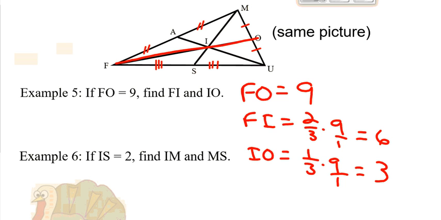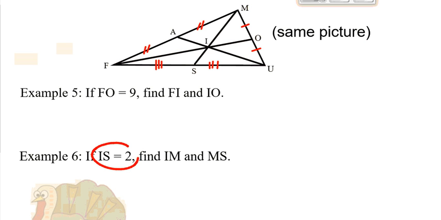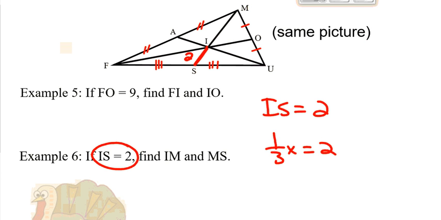If IS is 2, find IM and MS. If IS is 2, I know that is 1/3 of my total distance. So 1/3 of some number x is equal to 2. That's going to give me my whole distance.